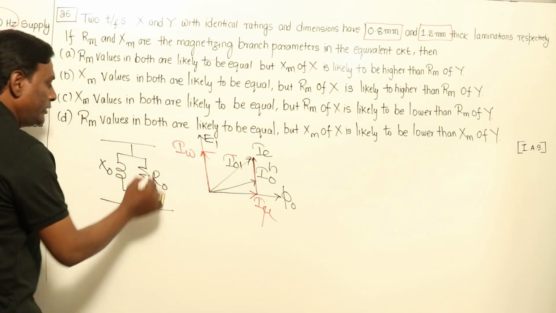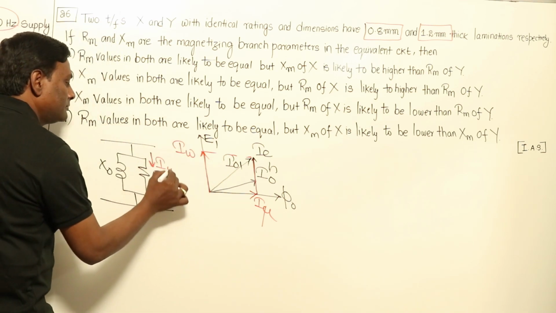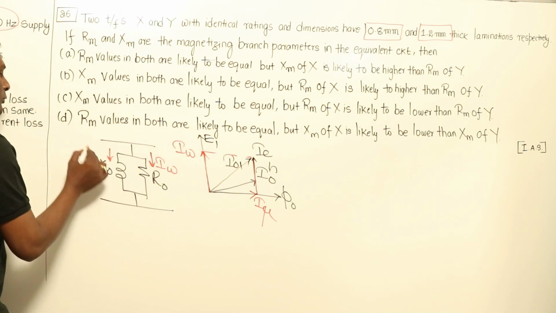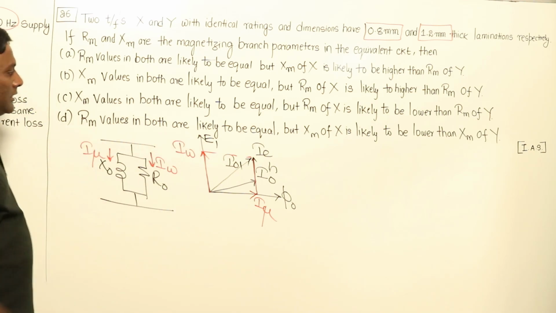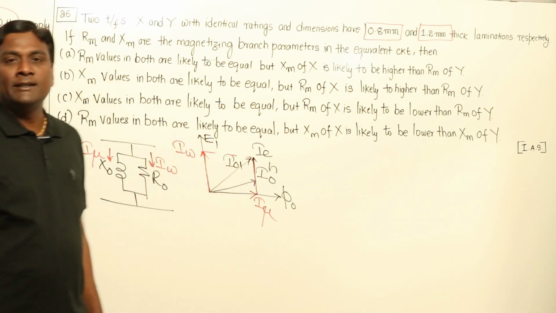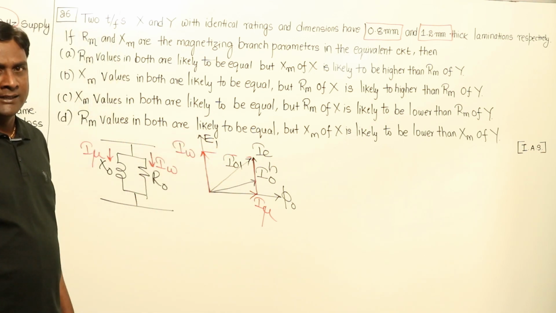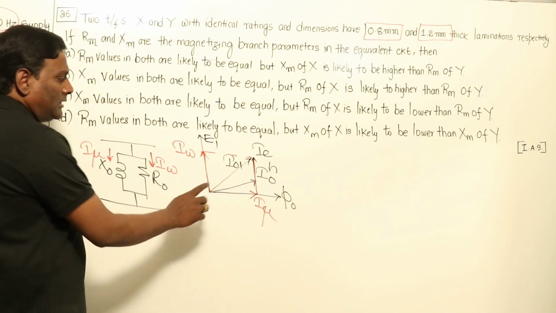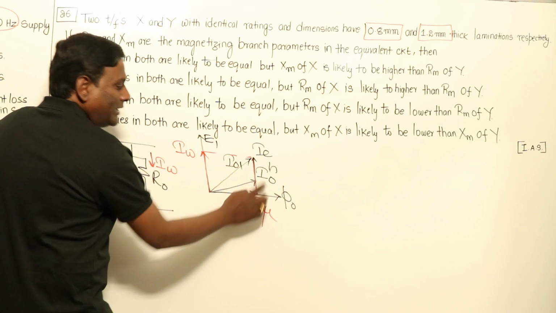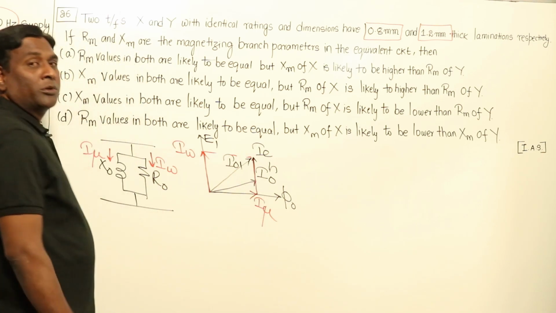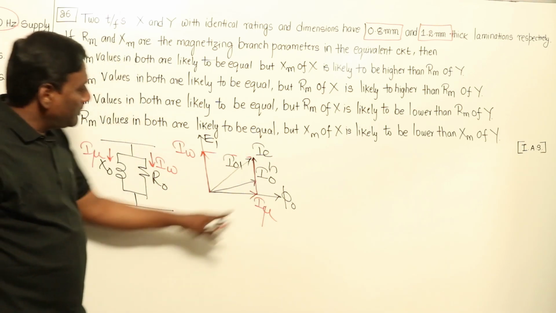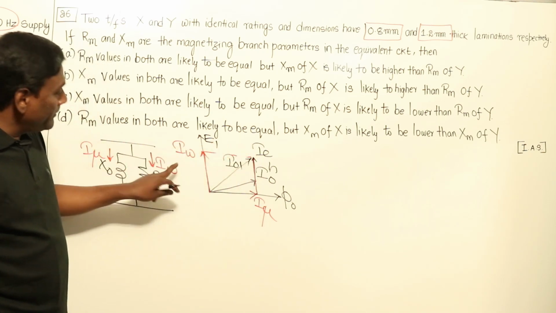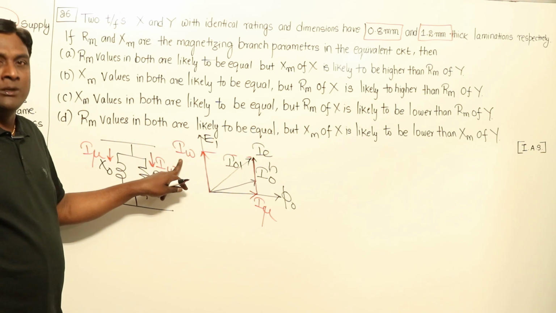Now IW will flow through R0 because IW and V1 are in line, and I mu will flow through X0 because V1 and I mu are 90 degrees apart; the current is lagging behind the voltage by 90 degrees. If you closely observe, depending upon hysteresis only, the magnetizing component of current I mu will be decided, but because of both the hysteresis component and the eddy current component, IW will be decided.